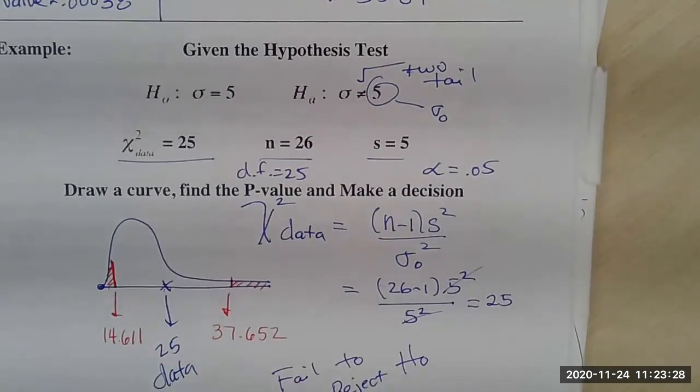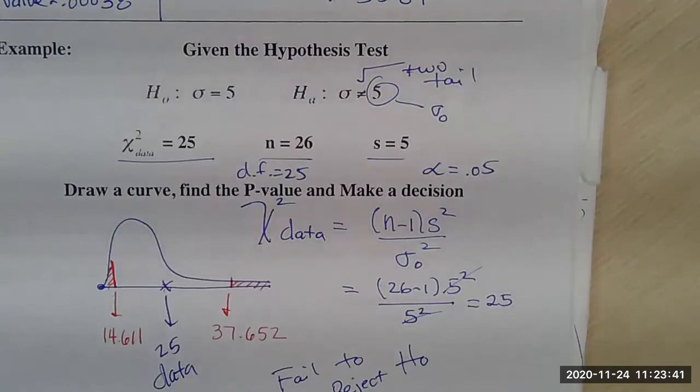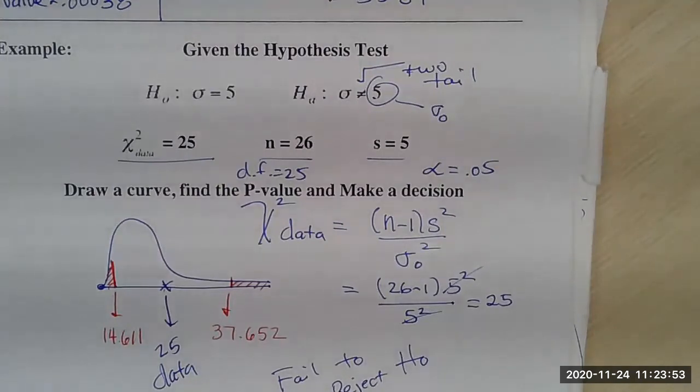But to ask for a p-value, I get confused on how to find it because I don't use it that often. Does that make sense? I'll say it one more time. No p-value will be asked of you for a two tail. But that's it. Everything else will be asked of you in this section.